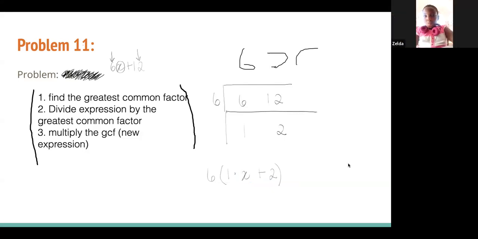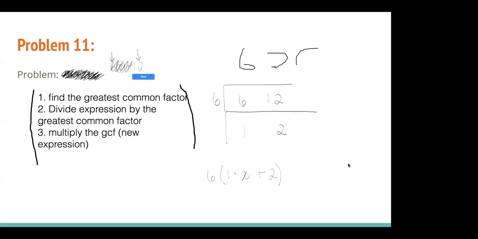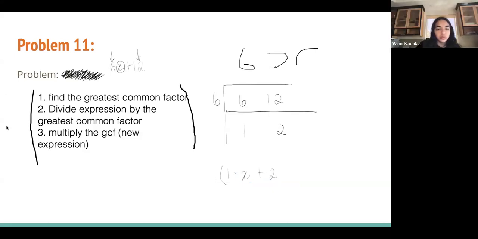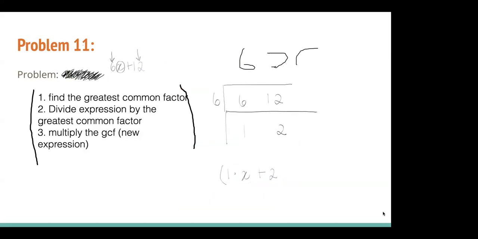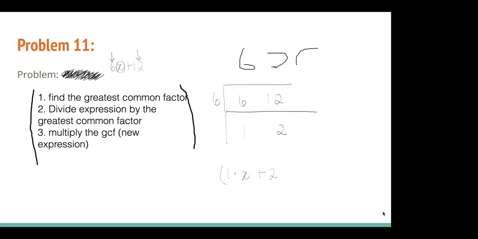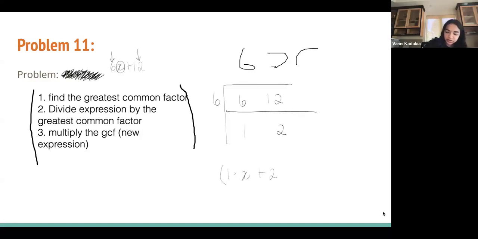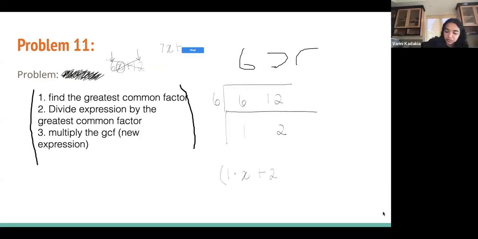This makes sense. It makes a little sense, but still I don't understand. Okay, so why don't you guys try this problem now? Not this one. Why don't you try 7x plus 14?